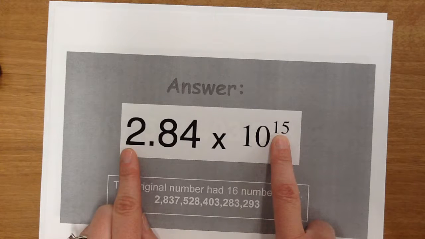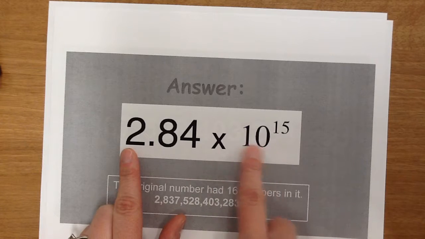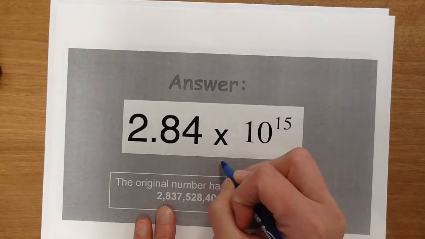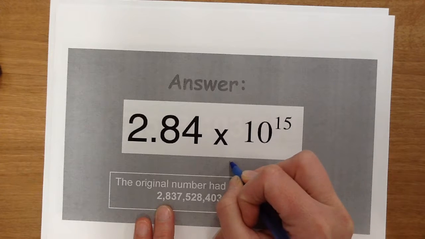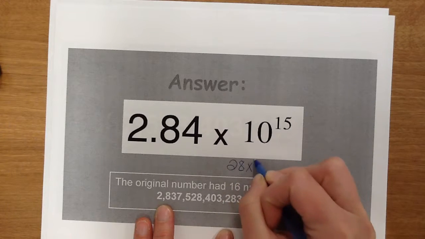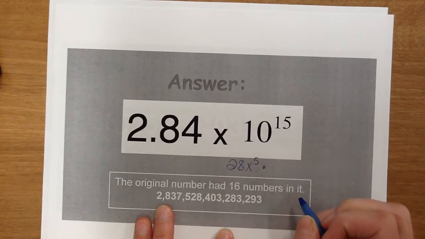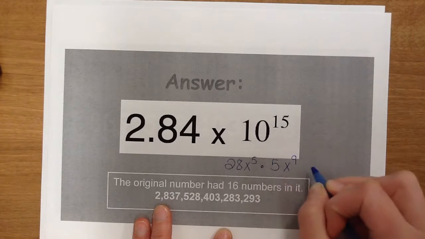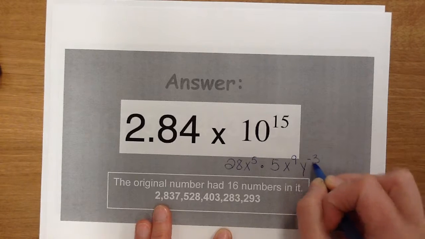The other thing this chapter does is instead of giving you all numerical, they're going to also give you stuff like this. Maybe not 2.8, so maybe like 28x to the 5th times 5x to the 9, y to the negative 3.